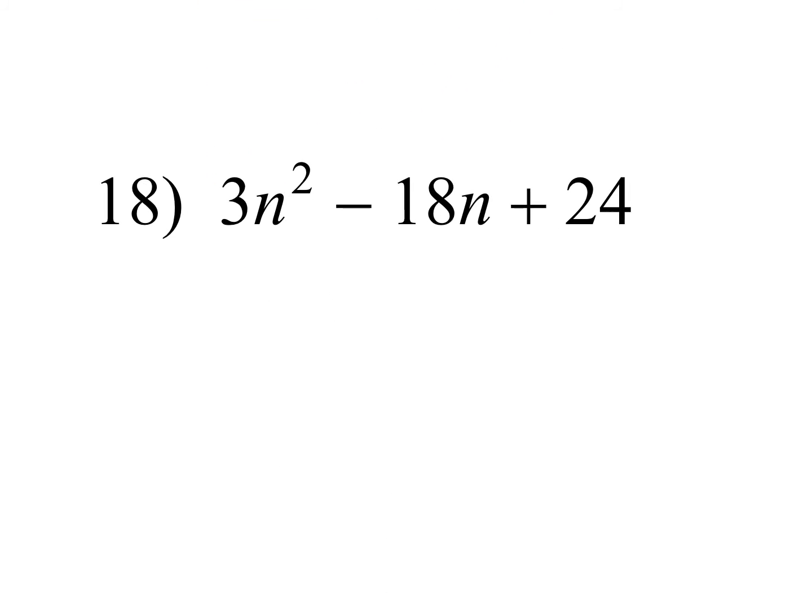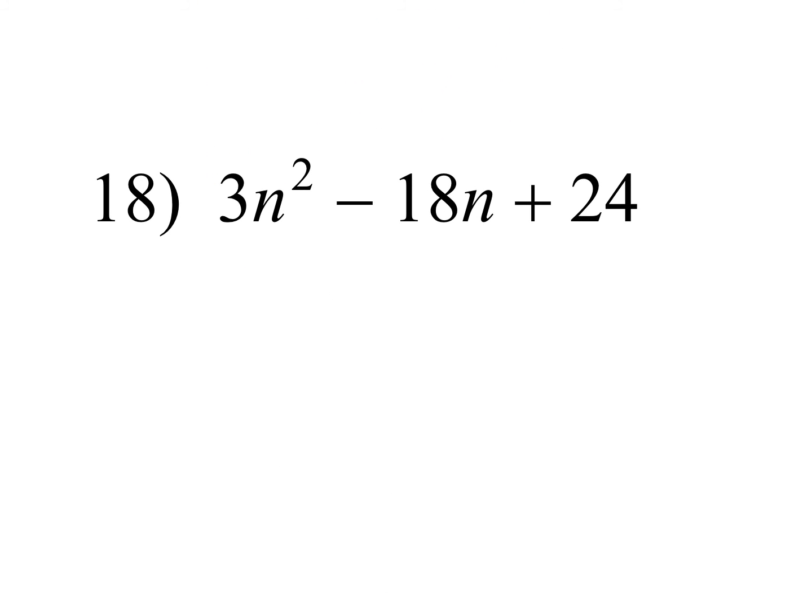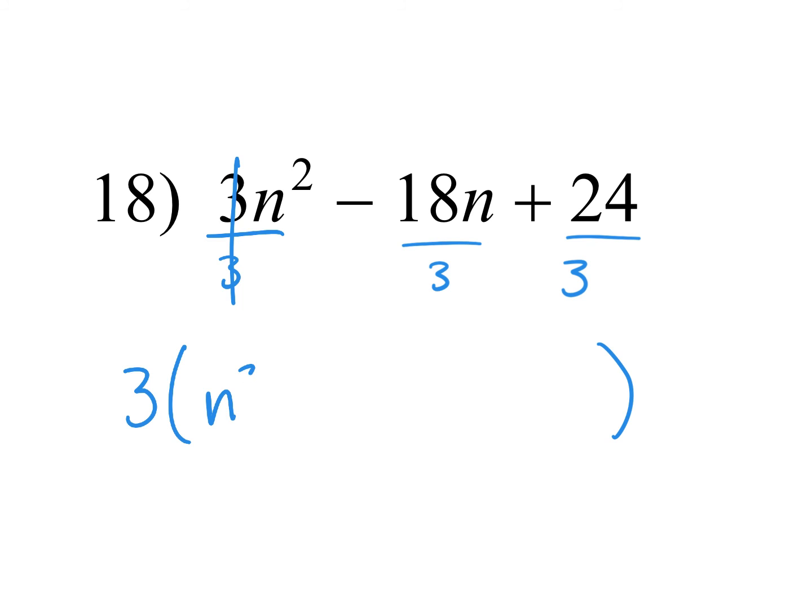All right, 18. What's my greatest common factor? 3. So I can take out a 3. So I have n squared. What's 18 divided by 3? Negative 6n. And then 24 divided by 3? 8.